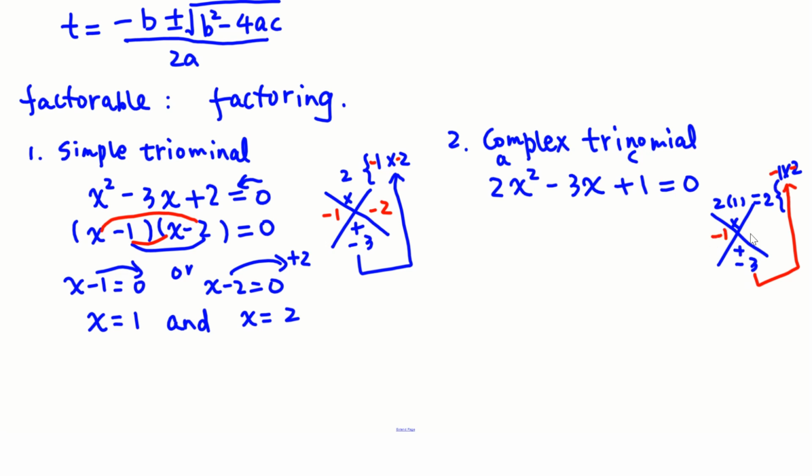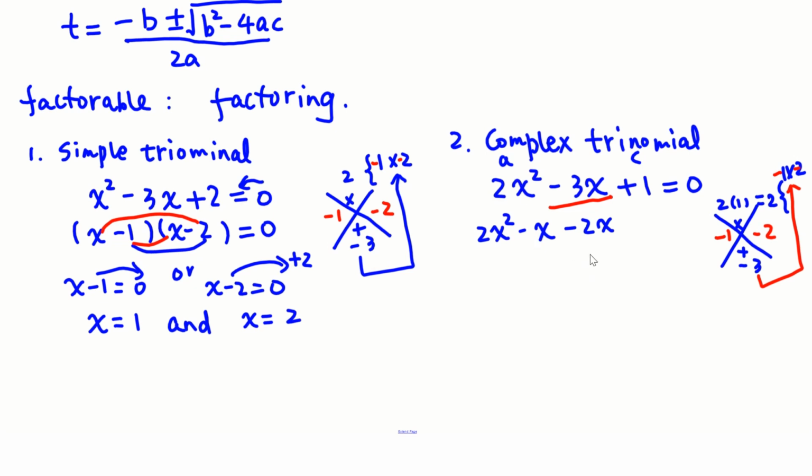So we have negative 1 and negative 2, but this is a complex trinomial. We are not able to put them in brackets right away because negative 1 times negative 2 won't give you 1. What we could do is rewrite this negative 3x as negative x, negative 2x, then plus 1 equals 0. So group the first two terms and factor the common factor out.